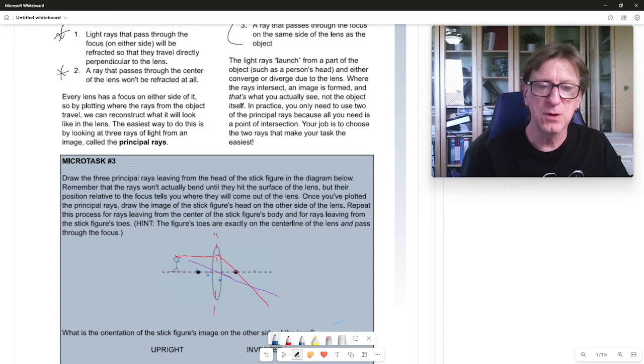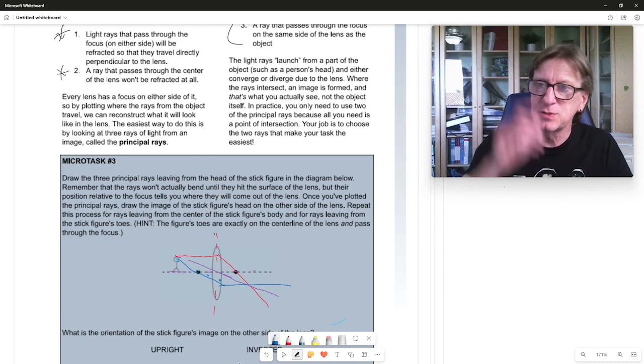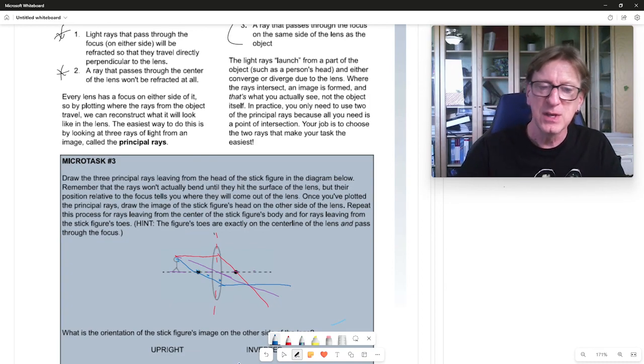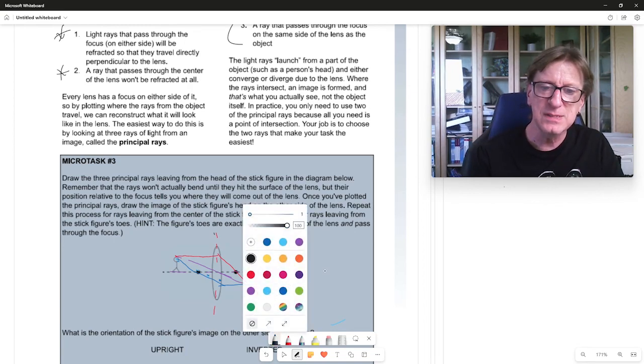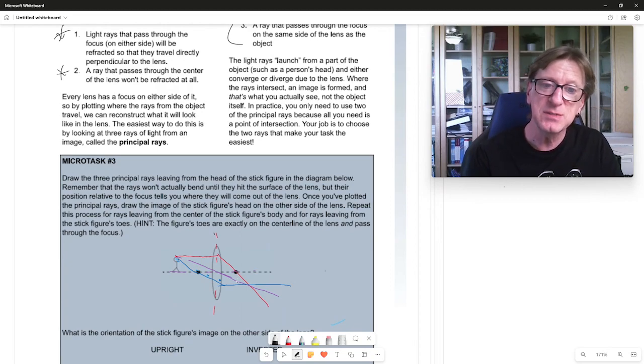Based on our rules, if it goes through the focus, then it's going to come out parallel to our center line. It's going to be orthogonal to the center line of the lens. So you can see that all three of these rays converge in the same spot, and that spot must be the top of his head. So that's his head right there.